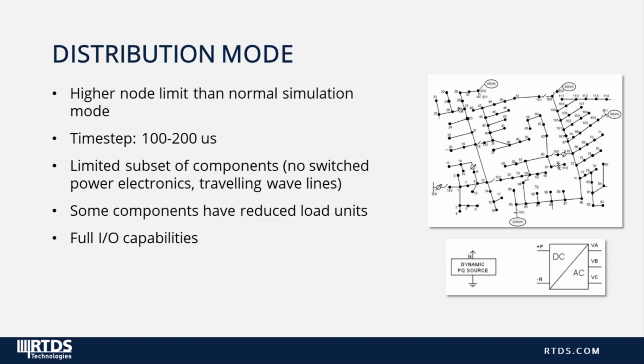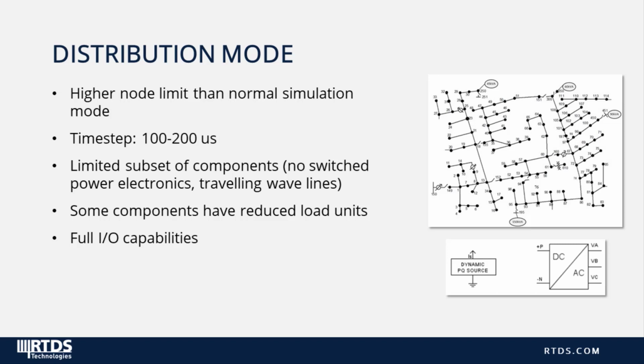I think an important takeaway about distribution simulation with the RTDS simulator is that distribution systems can absolutely be simulated in regular simulation mode, and vice versa for that matter. Technically, you could represent a portion of a transmission system in distribution mode as well, as long as it met the restrictions, the requirements.